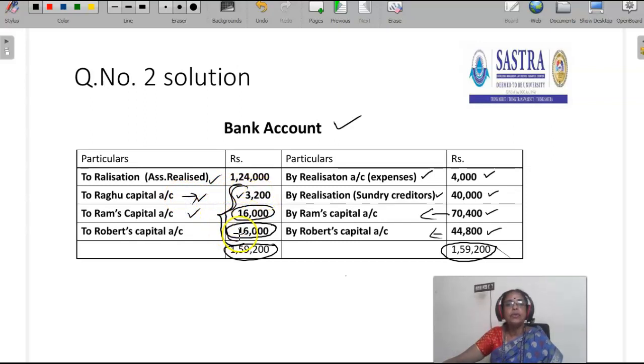This is the amount brought by the solvent partners for the realization loss, per the Garner versus Murray rule. Then these are the expenses, this is the sundry creditors settlement, and then this is the settlement of the solvent partners. Okay. So the balance is tallied. This is the method to close the accounts in the case of insolvency of a partner.